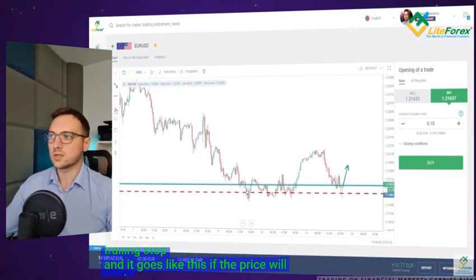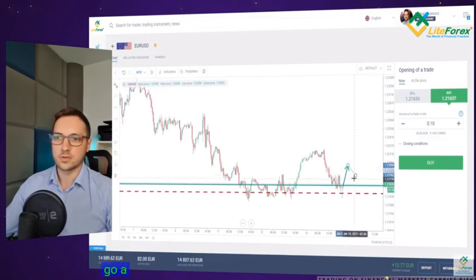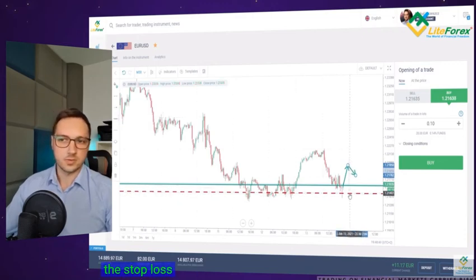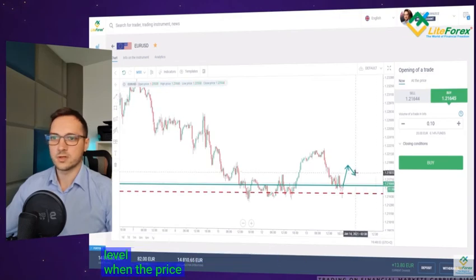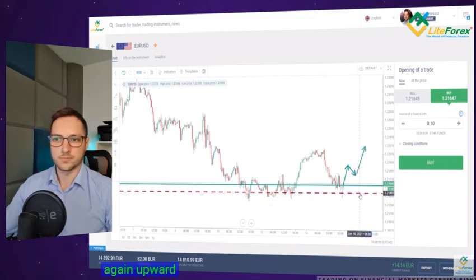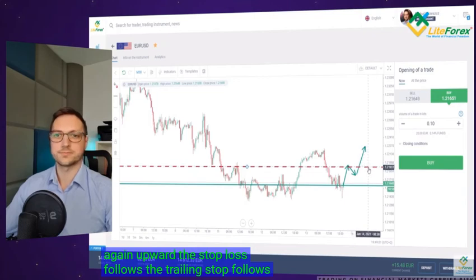If the price again goes a bit downward, the stop loss stays at the same level. When the price goes again upward, the stop loss follows, the trailing stop follows.